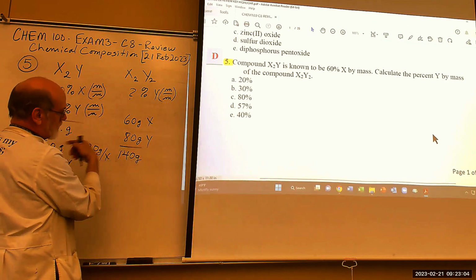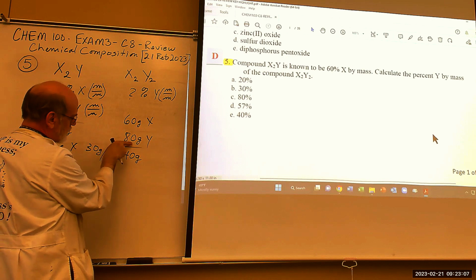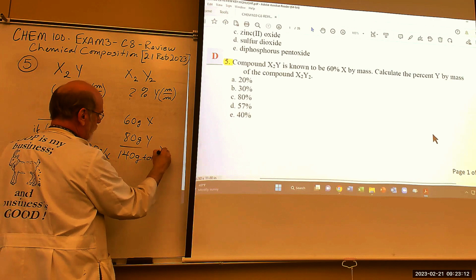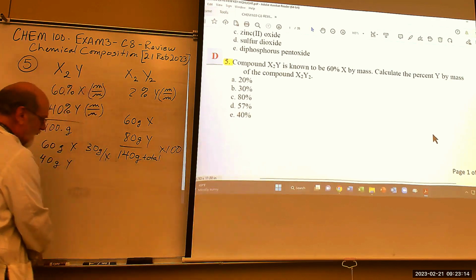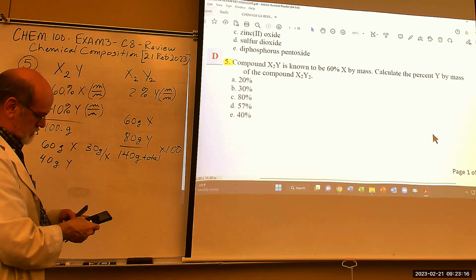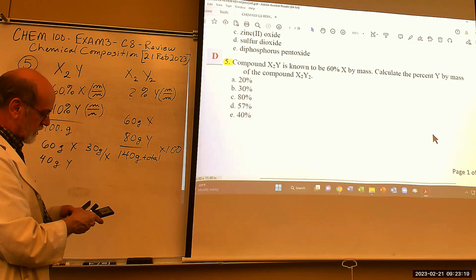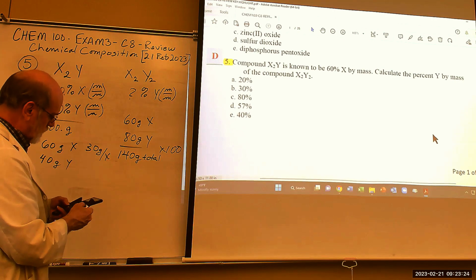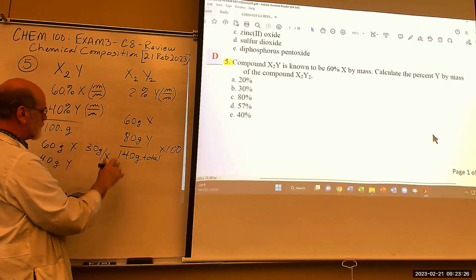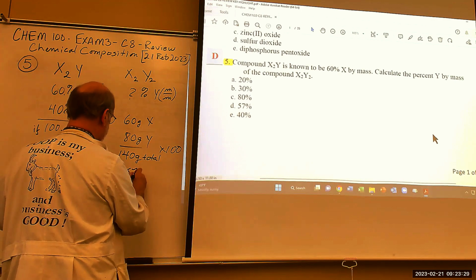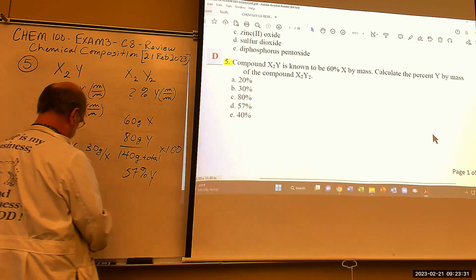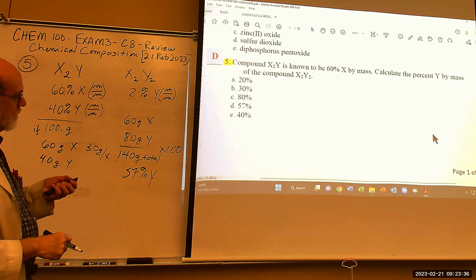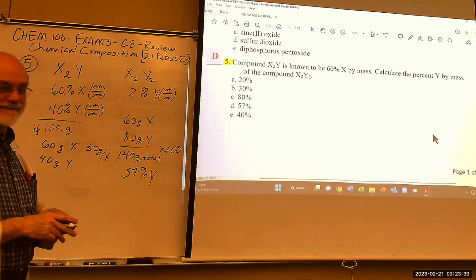So the percent by mass is Y divided by the total, times 100. So if we do 80 divided by 140 and multiply by 100, we get, with 2 significant figures, 57% Y is the composition of that compound right there. Okay?